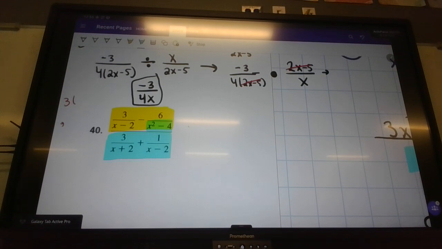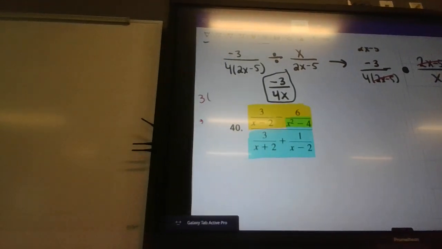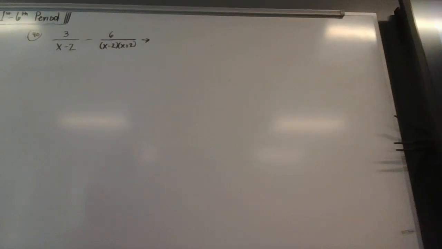Anybody know how to factor that? X minus 2 times x plus 2. So when I rewrite it, I'm going to do it like that. You're good so far. So far we just factored.